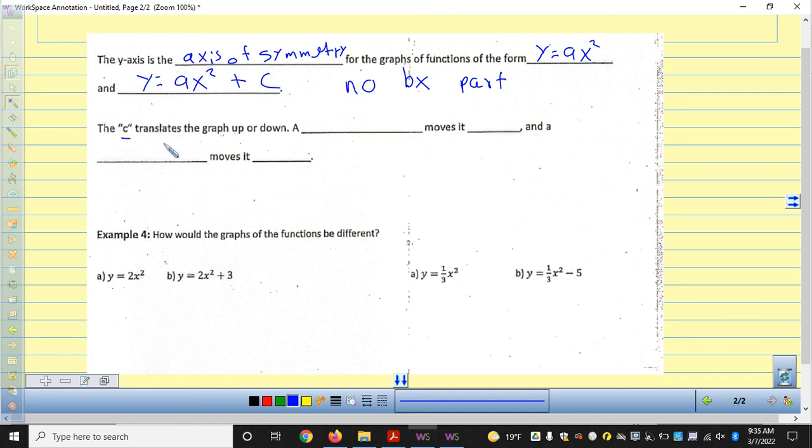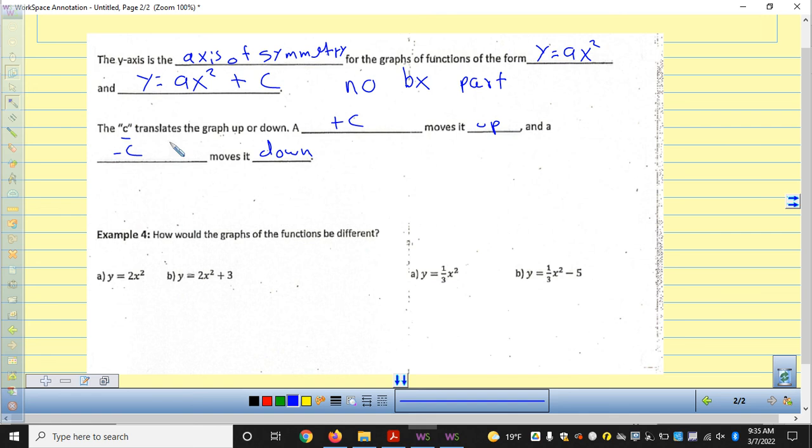The c part translates or moves the graph up or down. A positive c moves it up, and a negative c moves it down. And we saw something similar to this when we graphed absolute value functions.